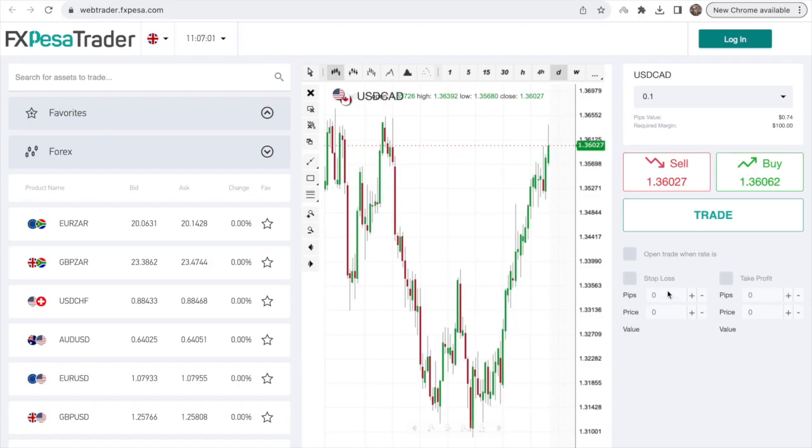You can see we have stop loss levels here, how many pips you want to put as a stop loss, what level you want to take your profit, whether by value or by pips, depending. The margin required, the amount of money you'll have earned under pips value. All these things are here, and you should try to familiarize yourself with this platform before you start trading.